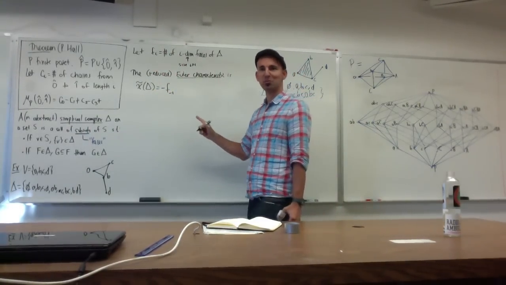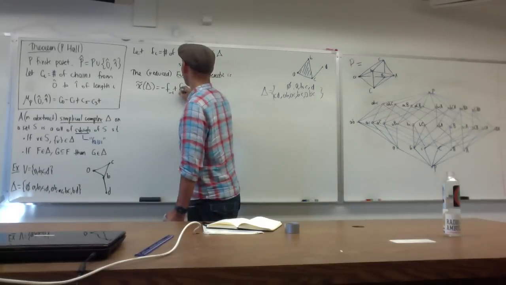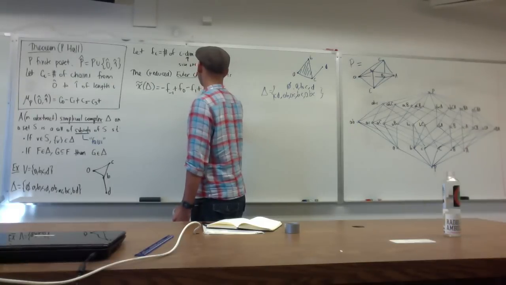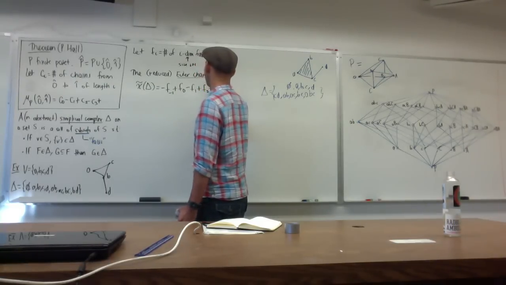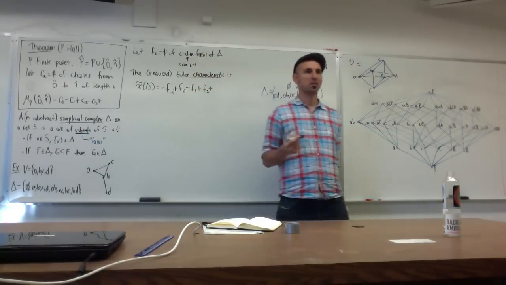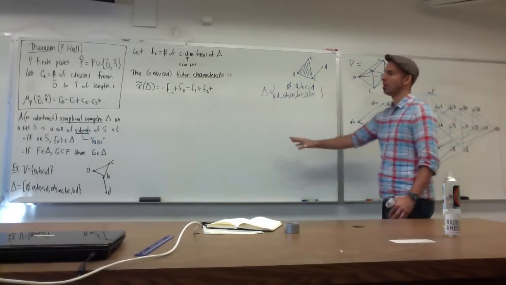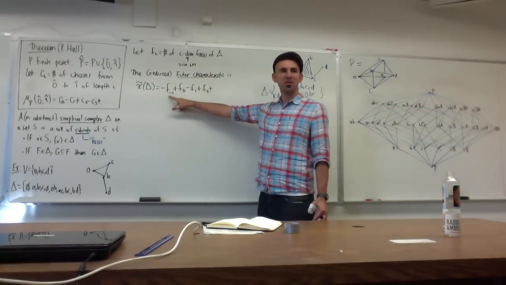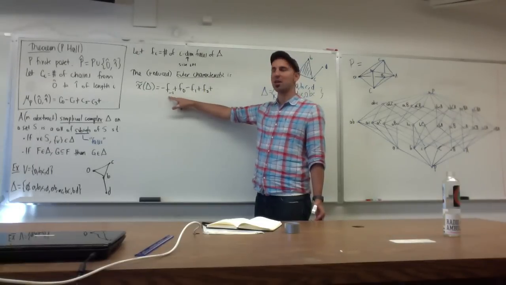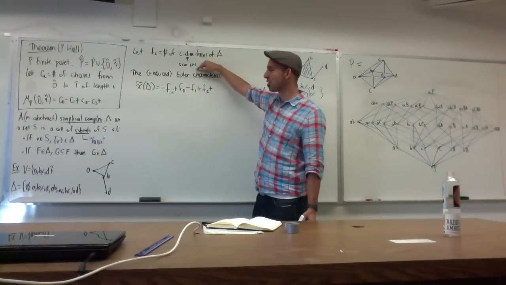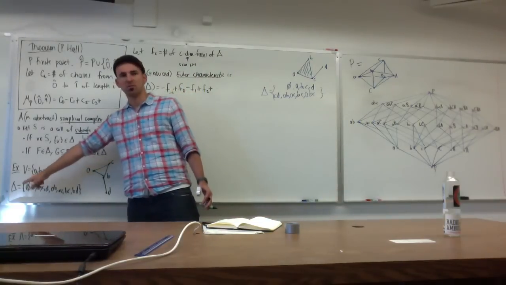That's the weirdest term, we'll talk about it. Then you add the vertices, you subtract the edges, you add the triangles, you subtract the tetrahedra, etc. What is this weird thing? Dimension -1? That doesn't really mean anything geometrically, but it means size 0. And so here I'm just accounting for the fact that the empty set is in my simplicial complex.